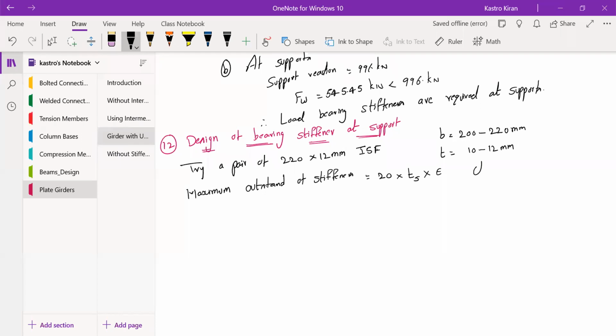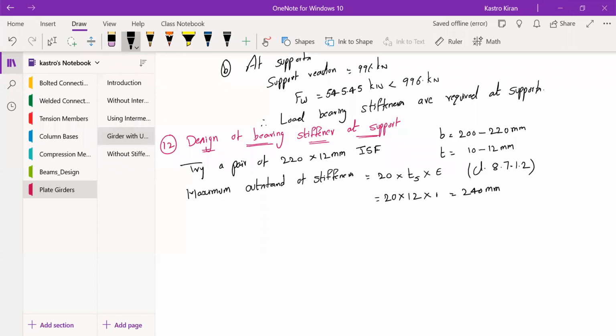This formula is available in clause 8.7.1.2. In your code book they must have represented the value of TS as TQ. TQ or TS, they both are the same, which is the thickness of the stiffener. So that will be 20 into 12 into the epsilon value, which is 1. So this will be 240 mm.